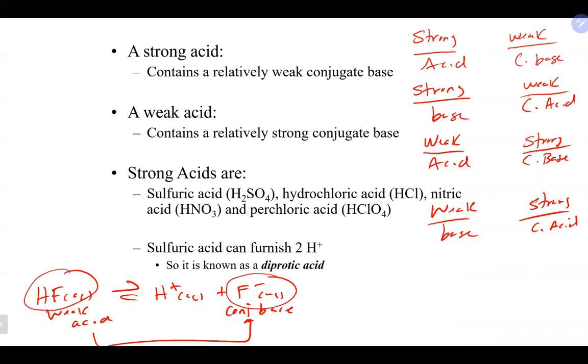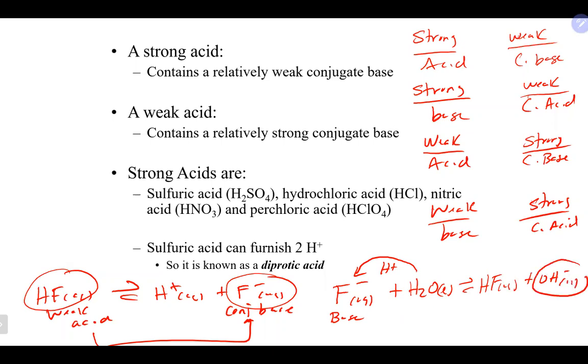It is not, but it is strong in the sense that it will continue on in solution. Because this is an aqueous solution, there's water there, and it will continue to react with water as a base, which means it will accept an H plus from water. The result is that we end up with HF being made, some more of the acid, and more importantly, hydroxide.